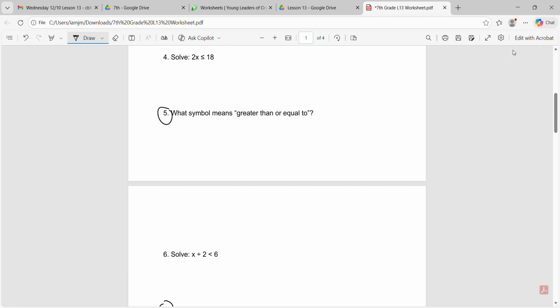Number 5. What symbol means greater than or equal to? We just went over this. This symbol is a greater than, and then the line on the bottom means equal to. A way I learned to know which arrow facing which side is greater than or equal to, I was taught the alligator method.